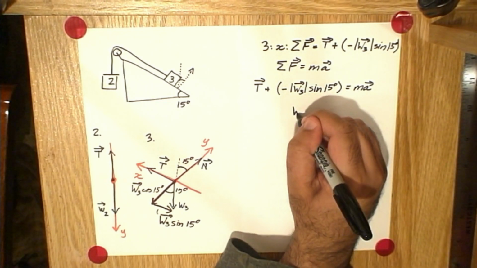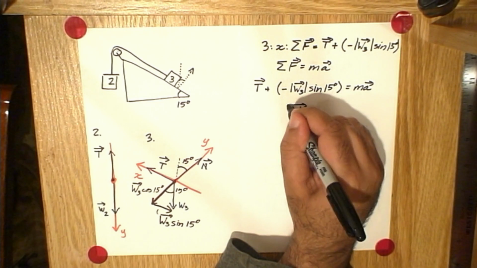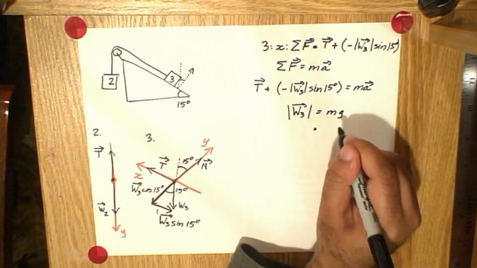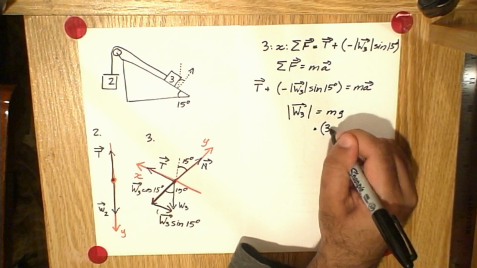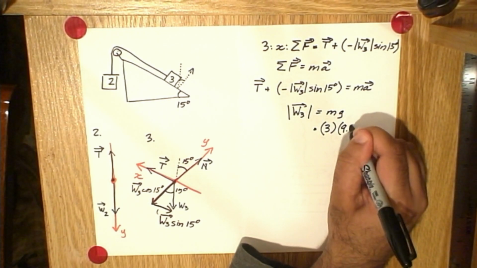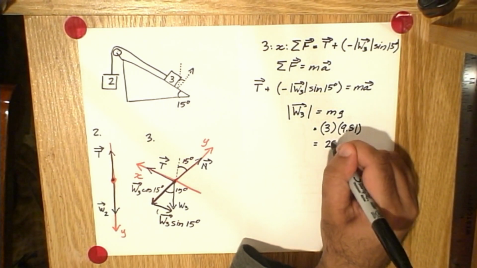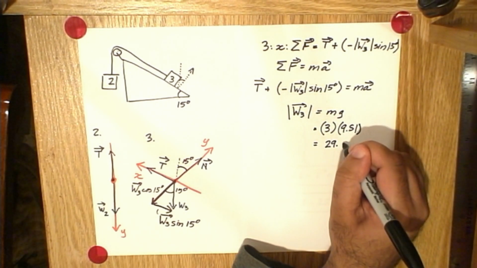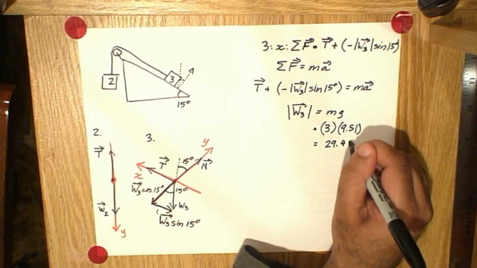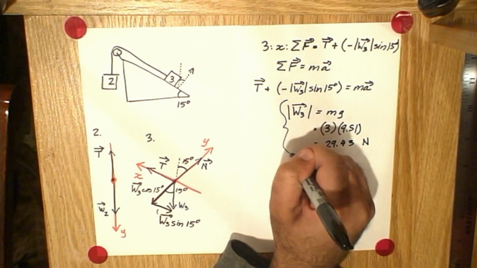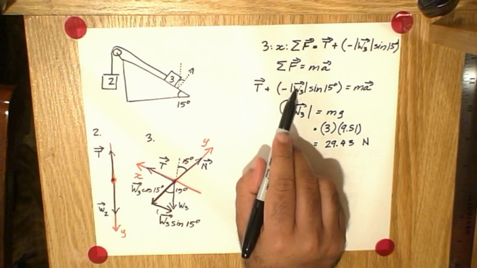The weight of the 3 kilogram object is given as mg, which is equal to mass 3 times gravity, 9.81, which works out to 29.43 newtons. So that's the size of the weight force that's acting on this object.